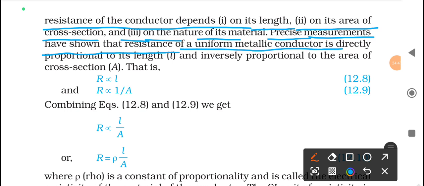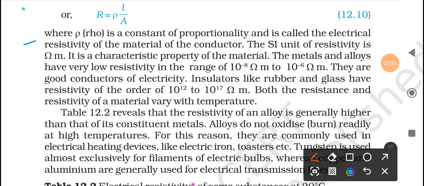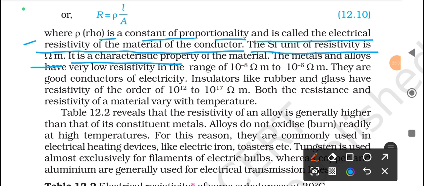Precise measurements have shown that the resistance of a uniform metallic conductor is directly proportional to its length L and inversely proportional to the area of cross section A. That is, R is directly proportional to L, and R is directly proportional to 1 by A. Combining equations 12.8 and 12.9, R is equal to rho L by A, where rho is the constant of proportionality and is called the electrical resistivity of the material of the conductor.